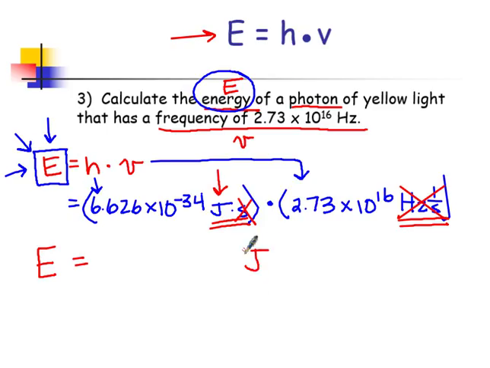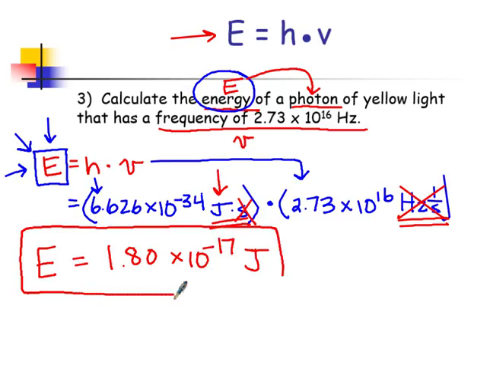Now, remember what we talked about before we look at this answer. We said we're calculating the energy of a teeny tiny photon, which is so small I can't even show you. So we're expecting a teeny tiny answer. So my fancy calculator gets 1.80 times 10 to the negative 17th joules.